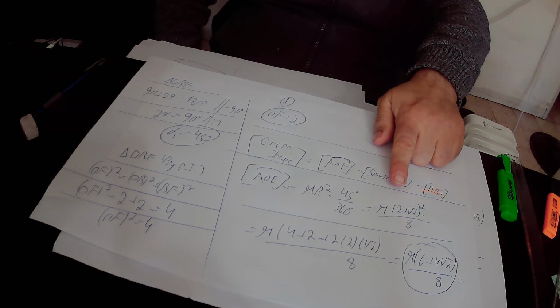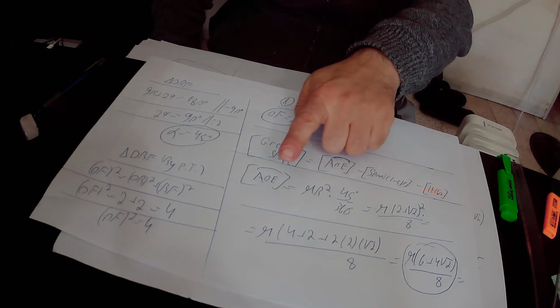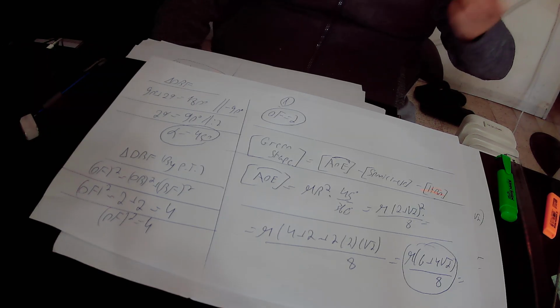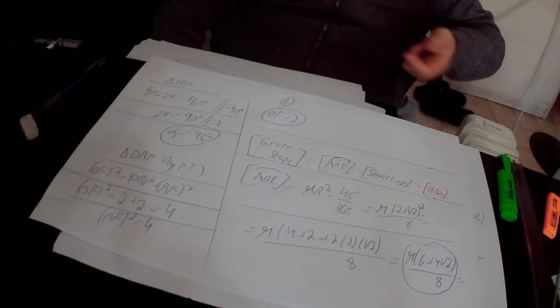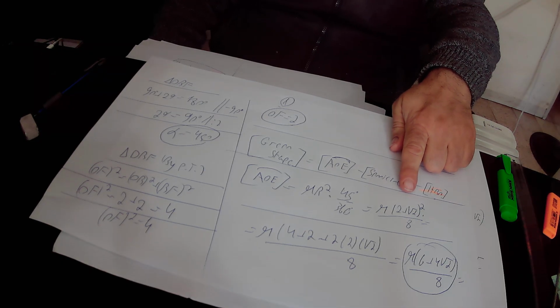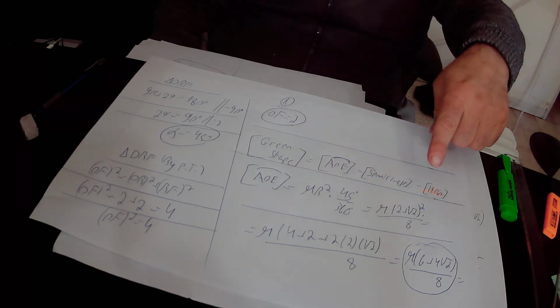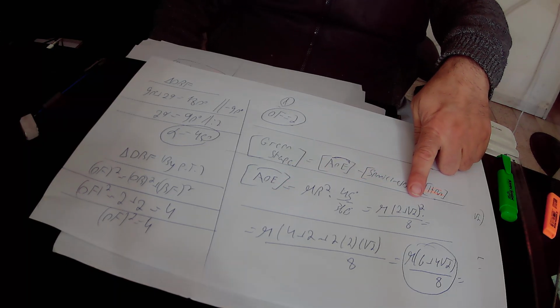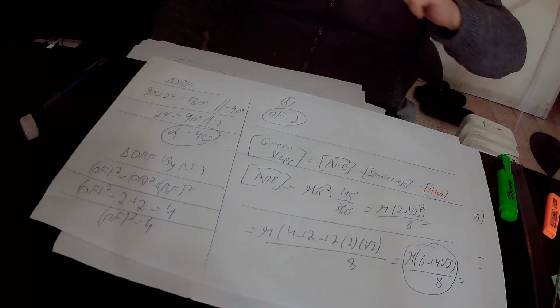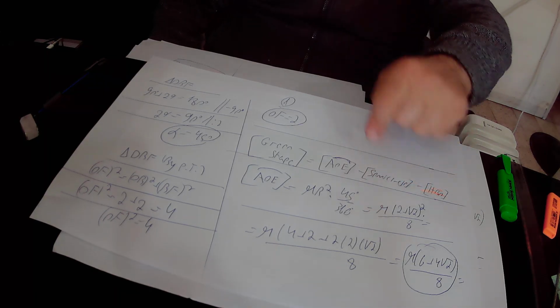So what is the value of this expression? It equals pi times 2 plus square root of 2 squared, and according to the algebraic identity that a plus b squared equals a squared plus b squared plus 2ab, 2 plus square root of 2 squared will be equal to 2 squared, that is 4, plus square root of 2 squared, that is 2, plus 2 times 2 times square root of 2, all divided by 8.